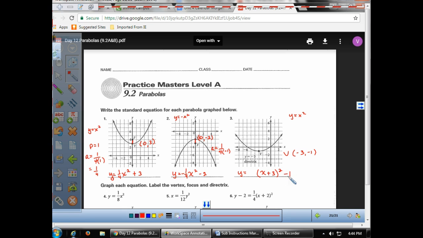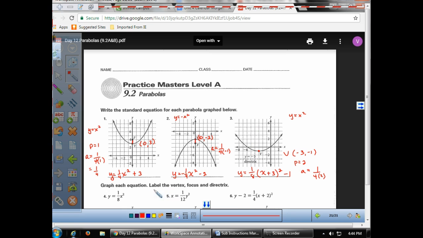So there's the (-3, -1). And on this problem, I have the directrix at -3. So I'm going from -1 down to -3. So the distance here is 2. So P is a 2, meaning A is 1 over 4 times 2, or 1/8. And it opens up, so that makes perfect sense. So those are the first 3 ones.